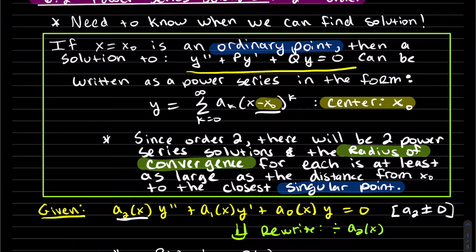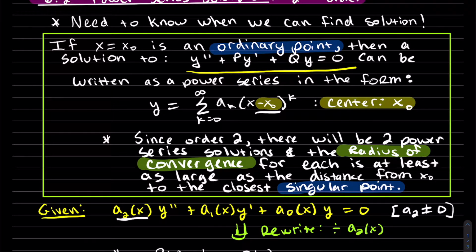Now what I'd like to do is give an example of the radius of convergence. To explain it again, the radius of convergence is the distance between the center, which is our ordinary point, and basically as far as that function is defined.